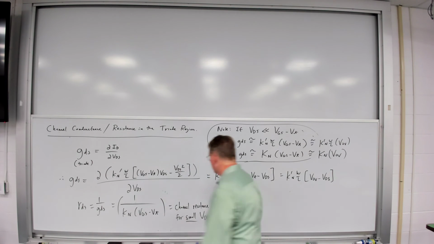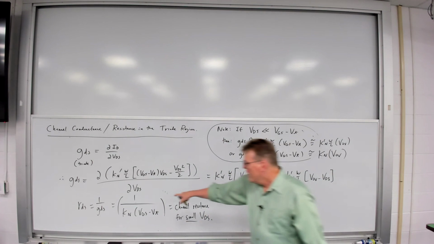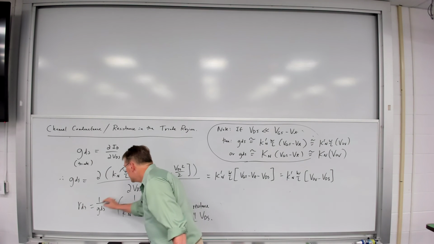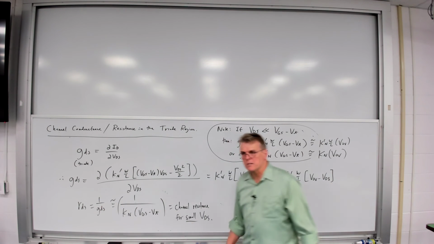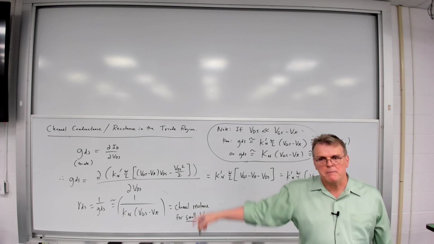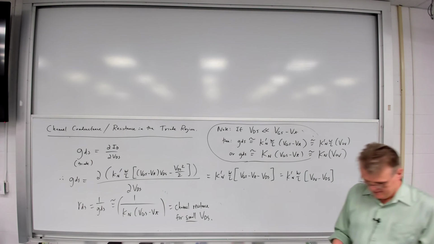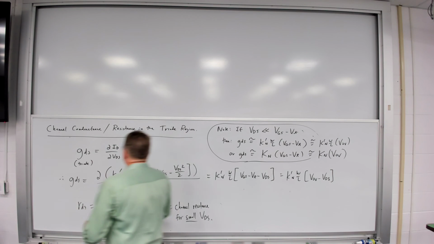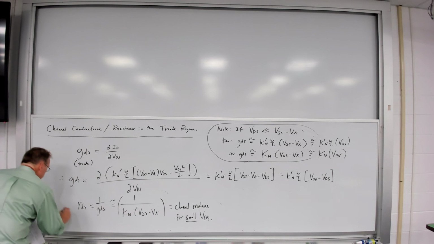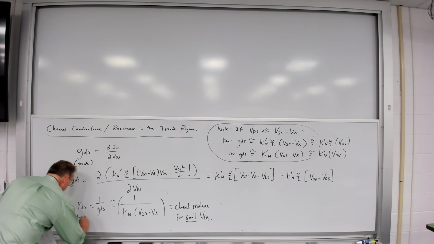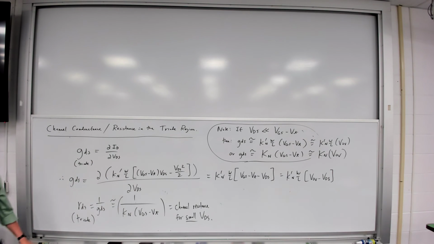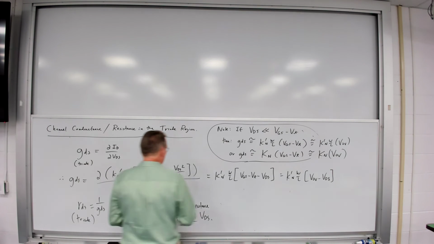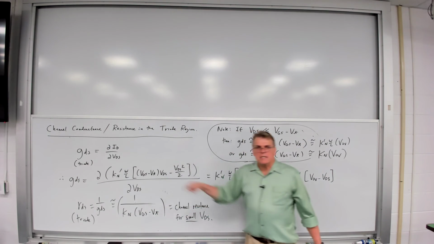So assuming the drain source voltage is small, then that is my drain source resistance, 1 over K sub n times VGS minus VT. And once again, I want to emphasize, this is only valid for the triode region.